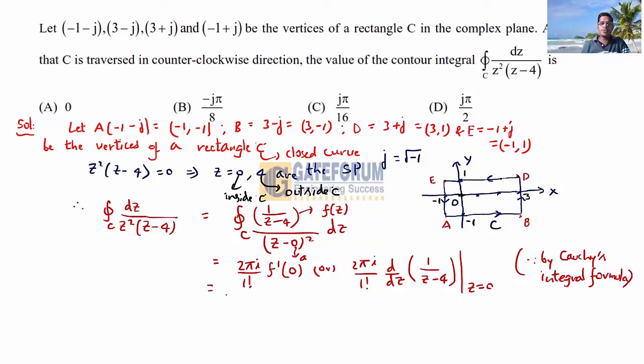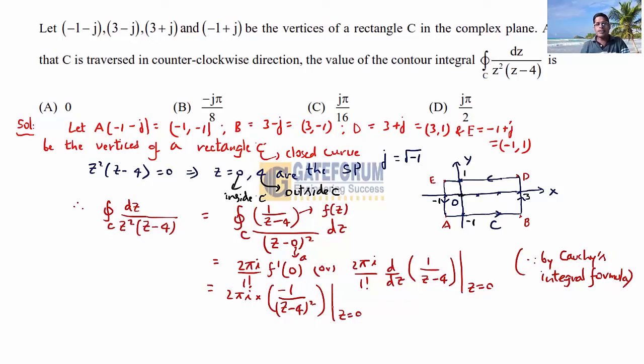this is 2 pi i times f dash of 0. Here f dash of 0 means this is f of z, after that the derivative, and then z is equal to 0. So the derivative of 1 by (z minus 4) is minus 1 by (z minus 4) square, and then put z is equal to 0.